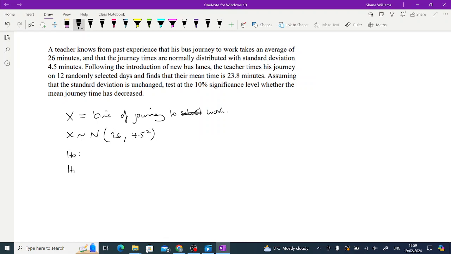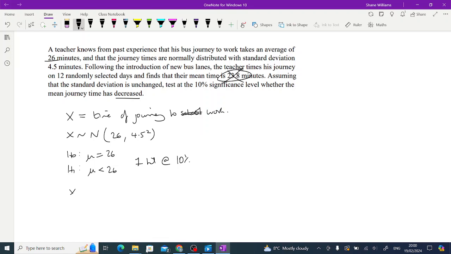Our null and alternative hypothesis: we don't look at the result, so this thing here we pretend we don't know for a minute while we're setting up. Mu is 26, that's the current belief, and we want to see if it's decreased, so we want to see if mu is less than 26. We don't use the result of the test to determine that. It's one tail at 10%.